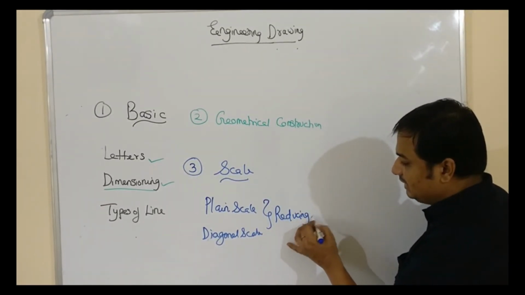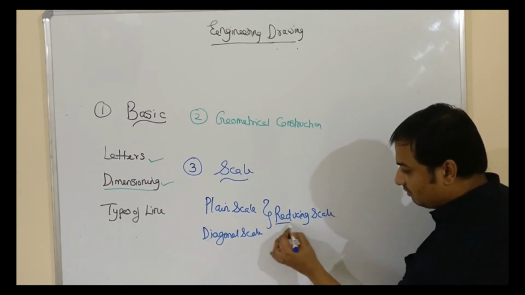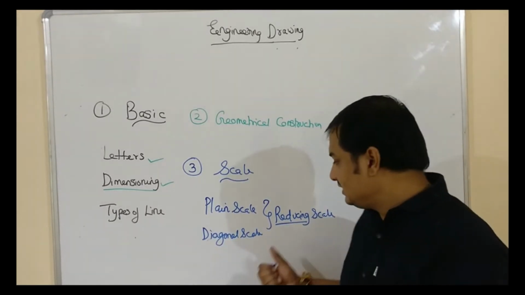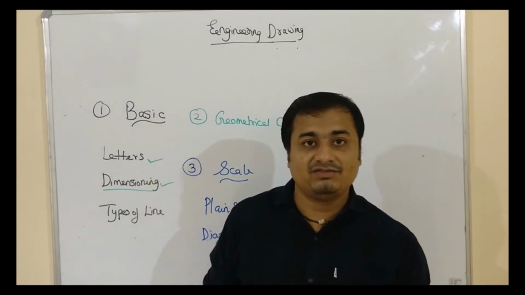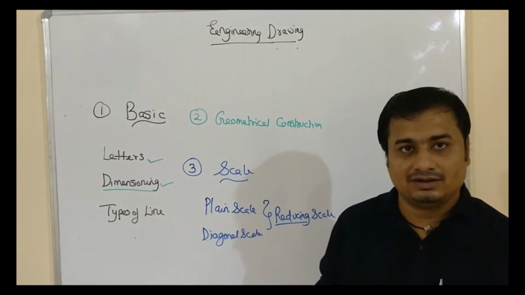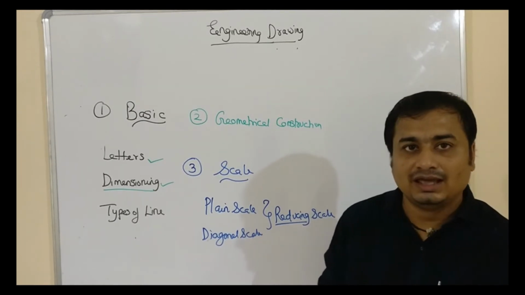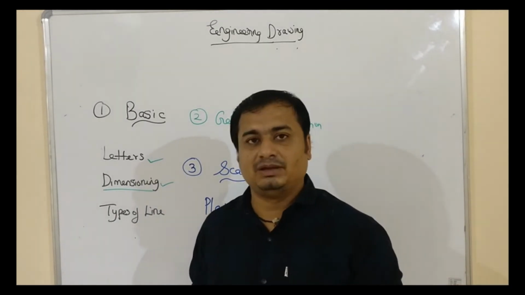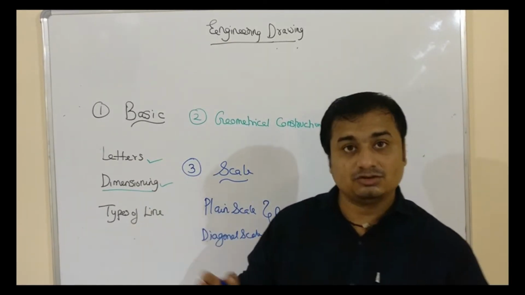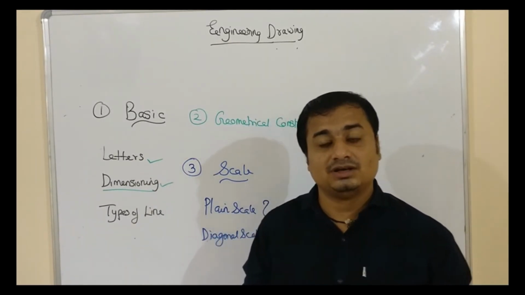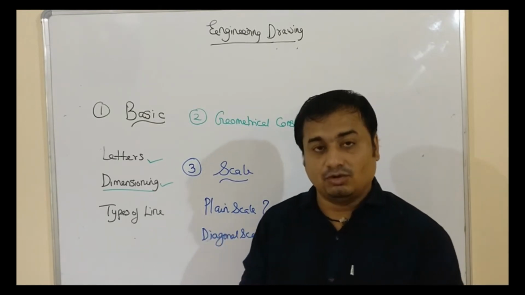In a reducing scale, we are going to reduce the size of the object. Suppose we want to measure a 100 kilometer road and we have to represent it on a piece of paper. In that case, we will be reducing the size of the object. That means we will be reducing the 100 kilometer road to a smaller size.